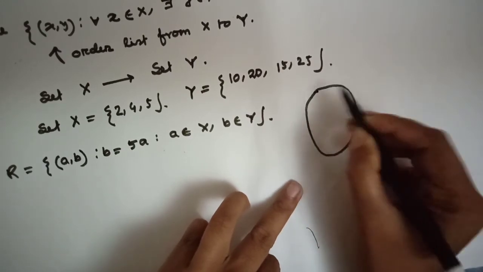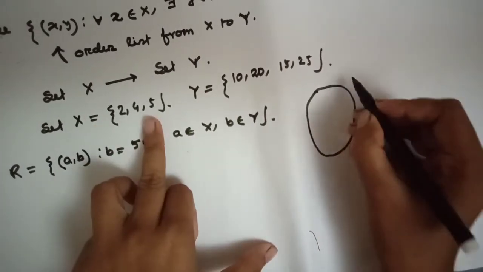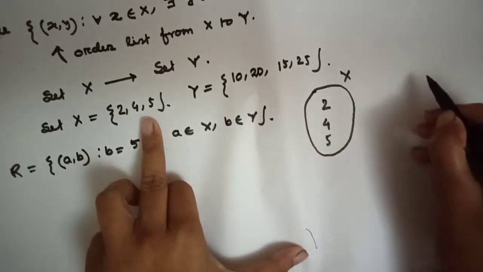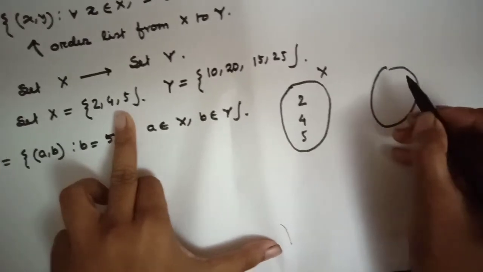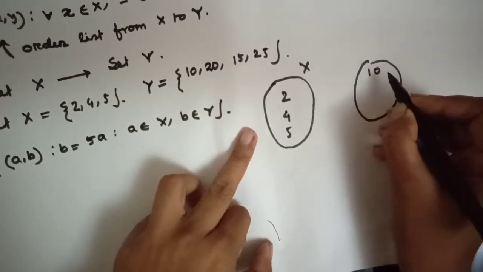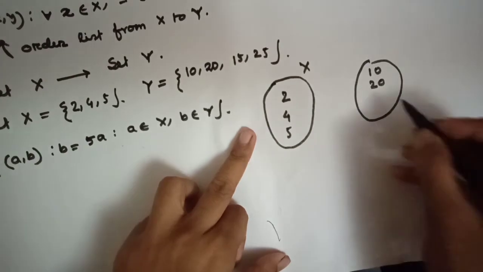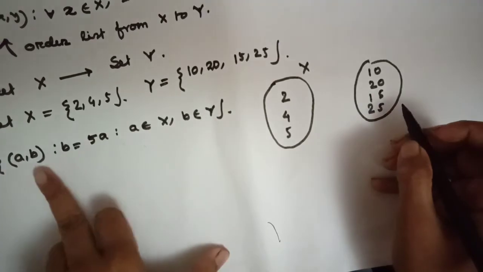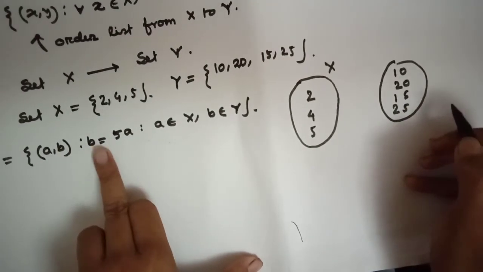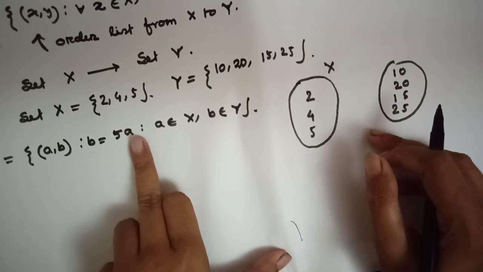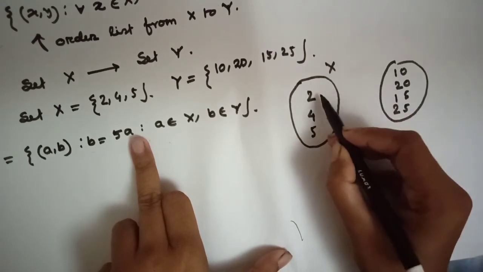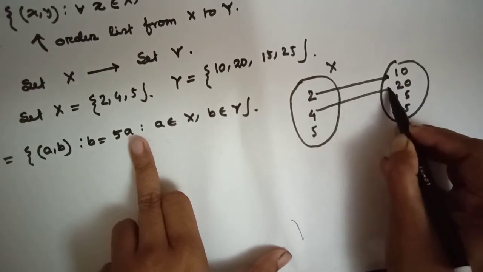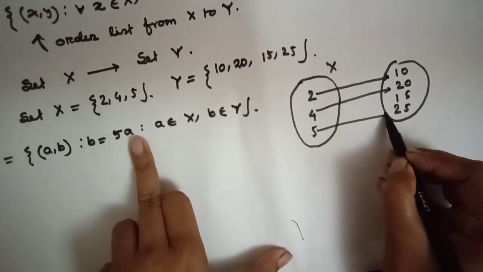This is X, the elements of X are 2, 4, 5, and the elements of Y are 10, 20, 15, 25. The relation is AB such that B equal to 5 times A. That means 2 is related to 10, 4 related to 20, 5 related to 25.